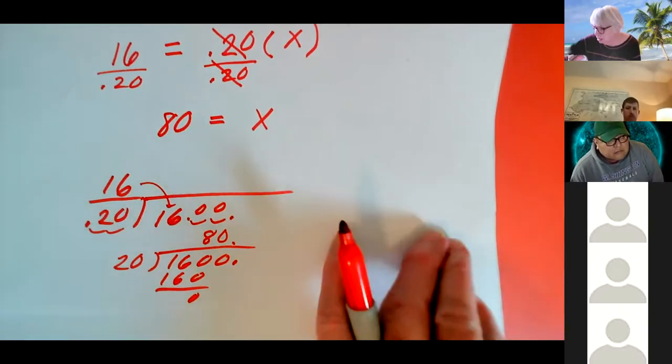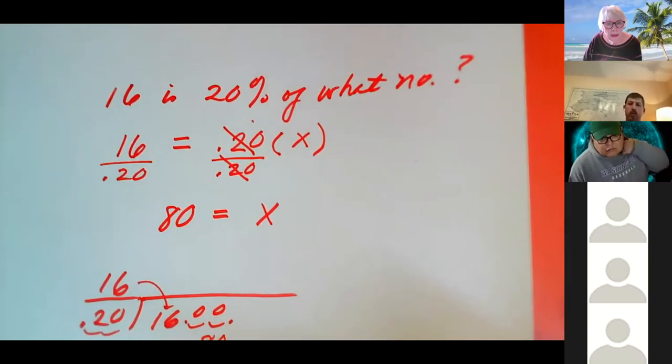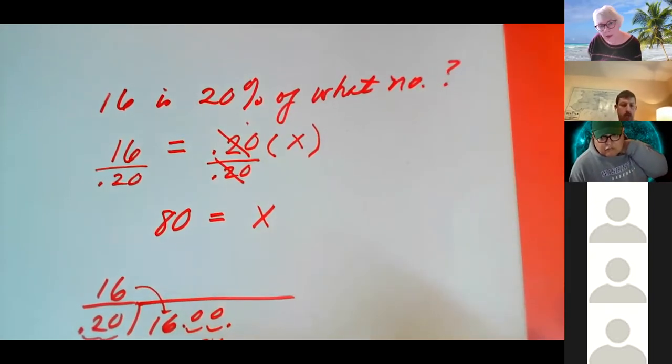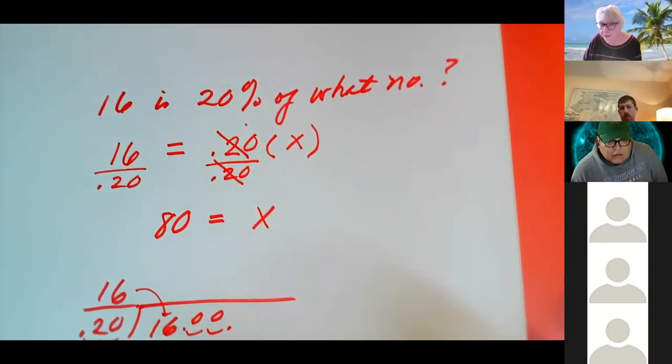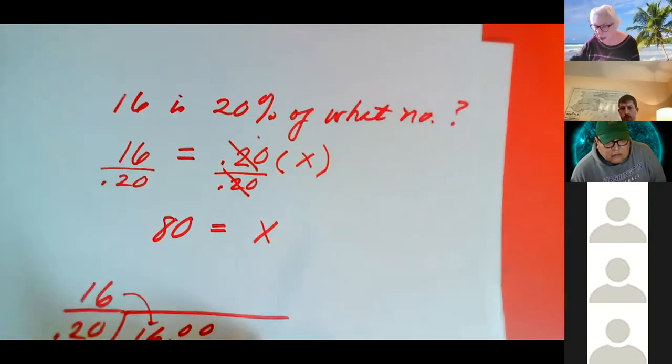And so this could work. Now, I'm going to ask again, does anybody want to do this as a proportion or not? Anybody? Okay, we seem satisfied.